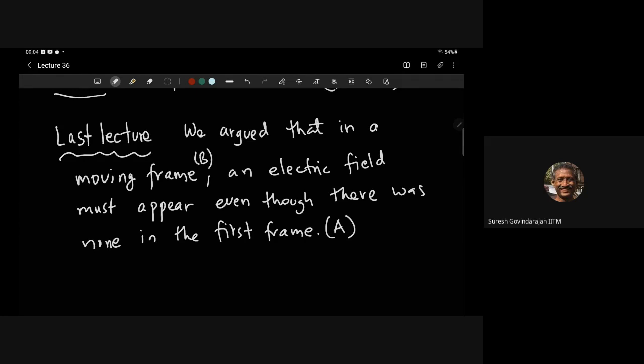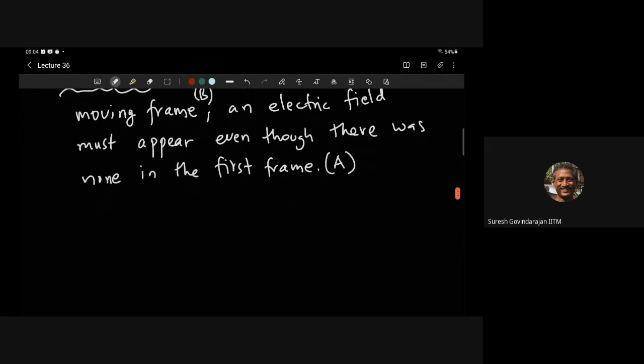Okay, so we needed this so that there would be no force, right? So this is what we got, and this was the argument.